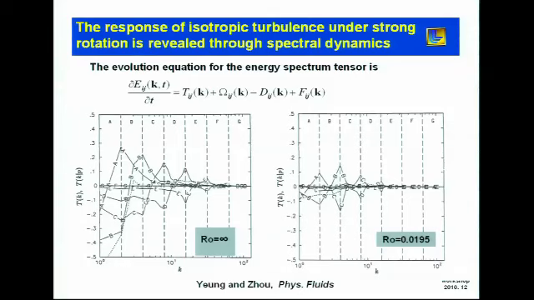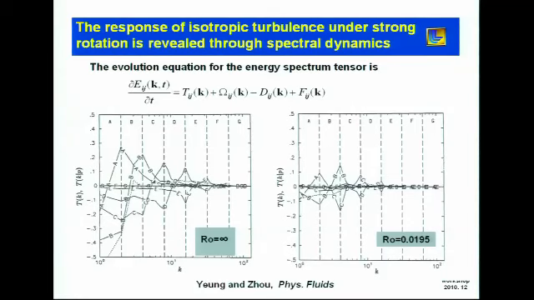This is the energy spectrum, calculated by the product of the velocities ui and uj, and taking the Fourier transform into the energy spectrum tensor. If you look at the diagonal components, you can see the energy transfer term: the spectrum is a double velocity product, and the transfer term is a triple velocity product.